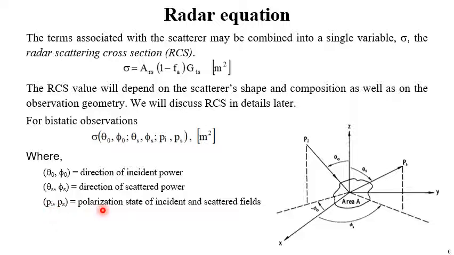Pi and ps are the polarization states of the incident and scattered field. So from transmitter to scatterer we have polarization state pi, and from scatterer to the receiver we have polarization state ps. Since its dimension is basically cross section, its unit must be meter square. RCS unit is meter square.